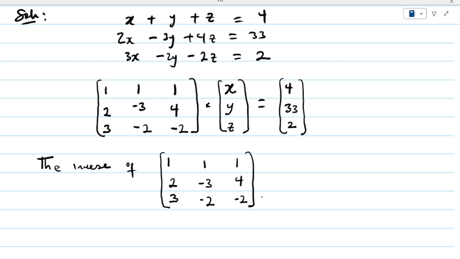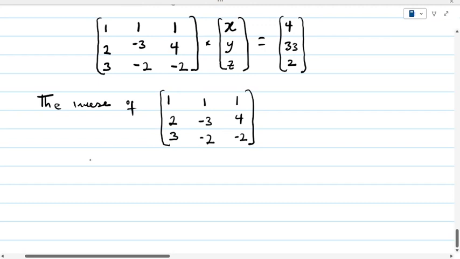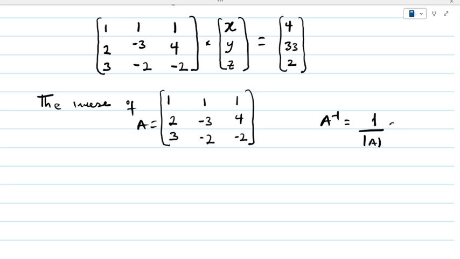So you can check our previous video, and don't forget your inverse is given as A inverse equals to 1 over determinant of A times adjoint A. So we can check our previous video and also find that.